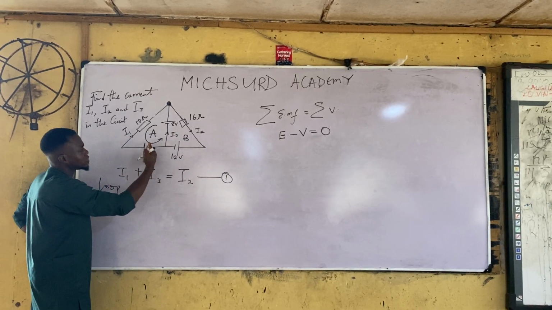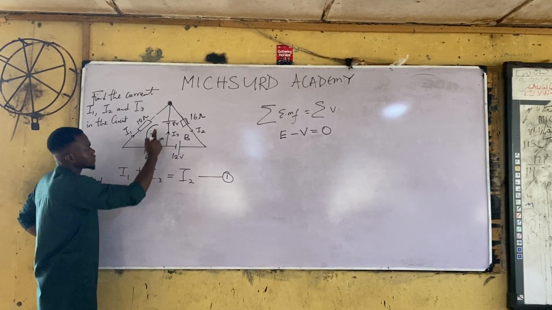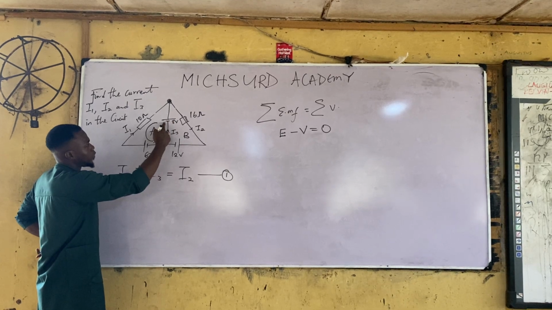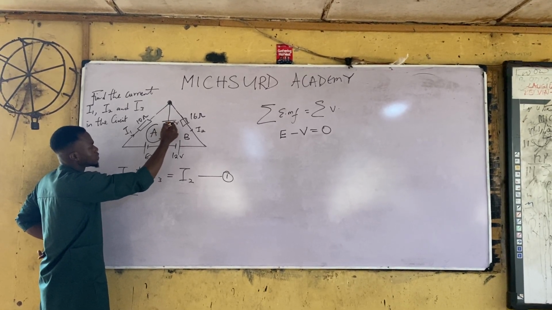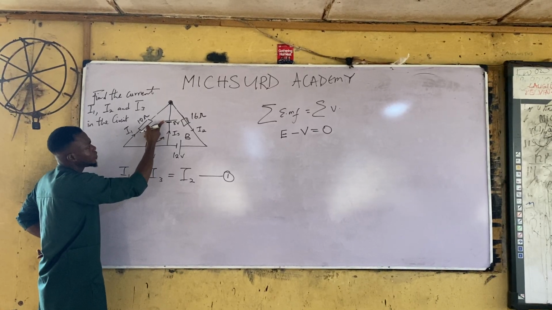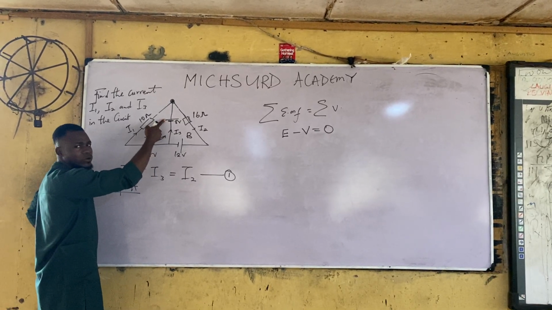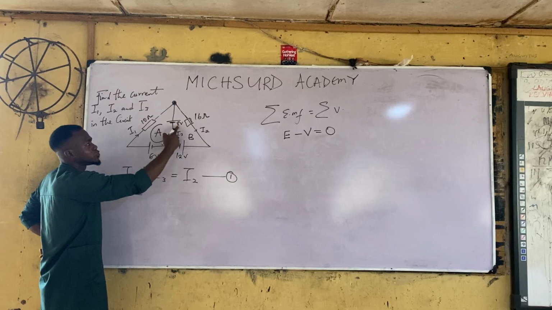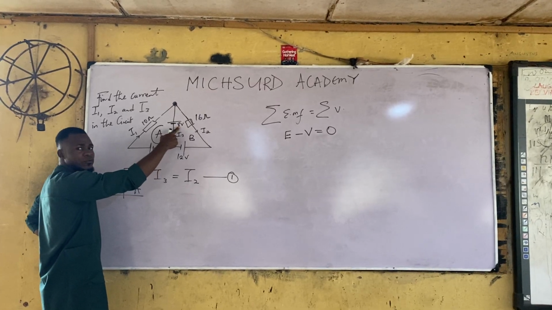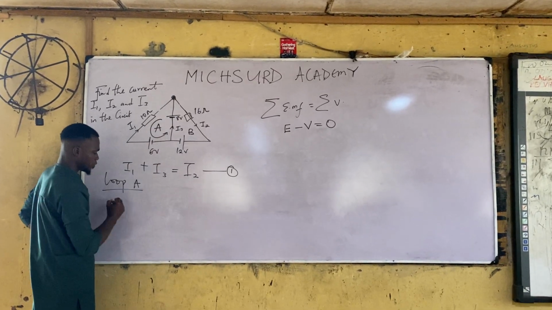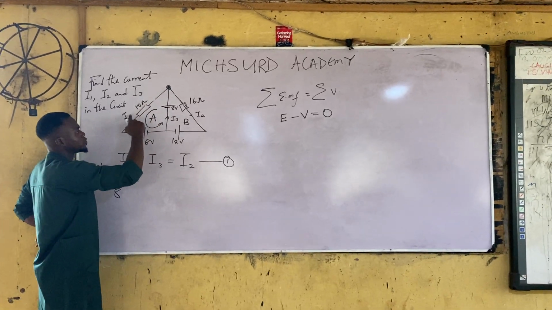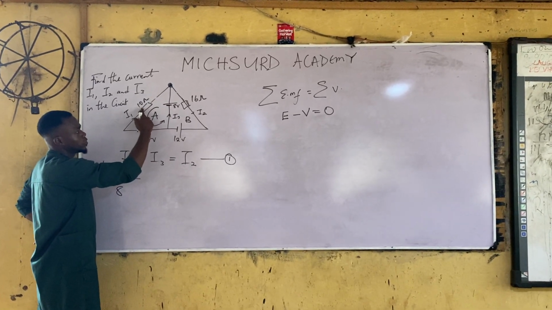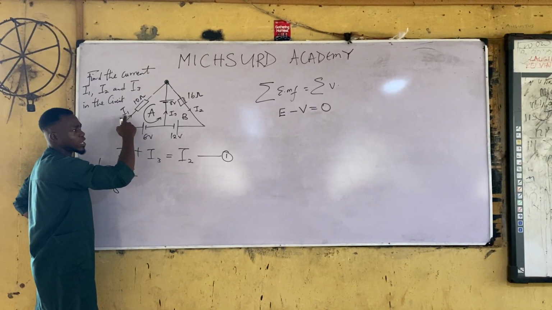Now, let's start from this point here. You see that these are terminals. We have the negative and the positive. From the negative, the last one we get is the positive. So that means we are dealing with positive 8 through that direction. So we have positive 8. Now, if we keep on moving through this loop, we are going to see that there will be a potential drop between the resistor and the current.